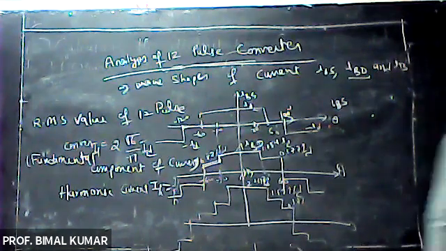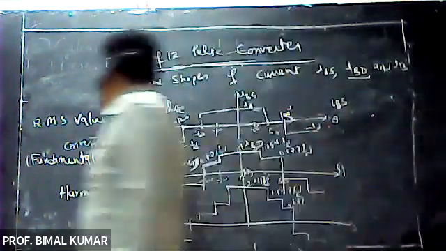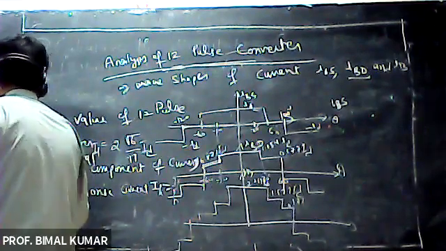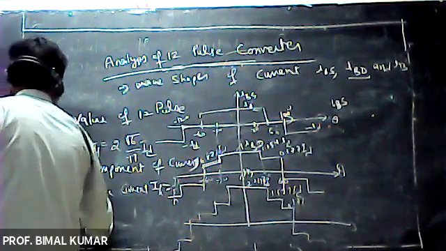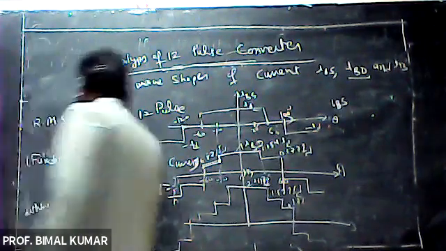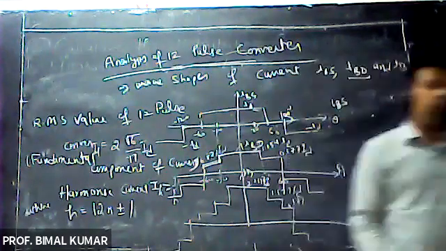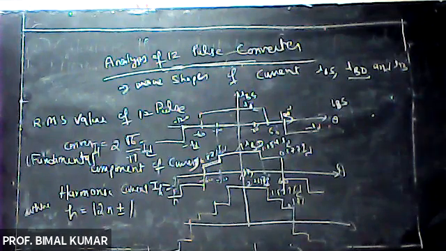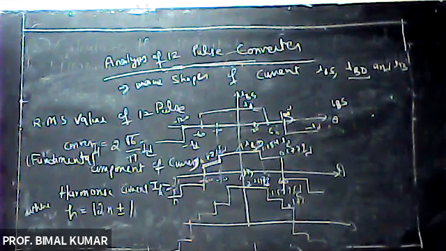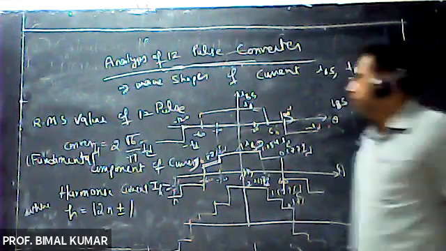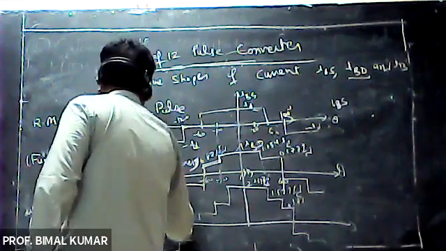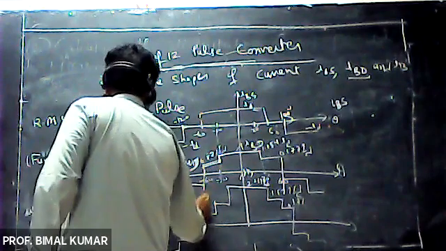Here H is equal to, because we are using 12 pulse converter, H is equal to 12n plus minus 1, where n is any integer, right?